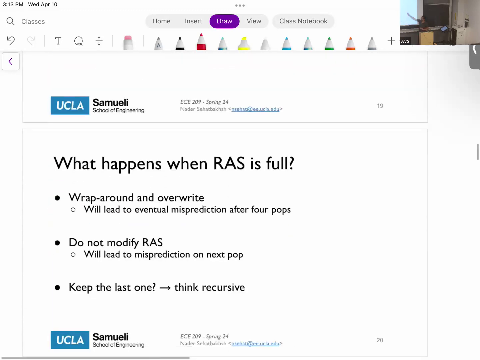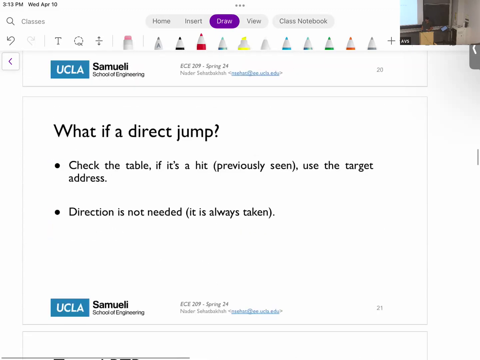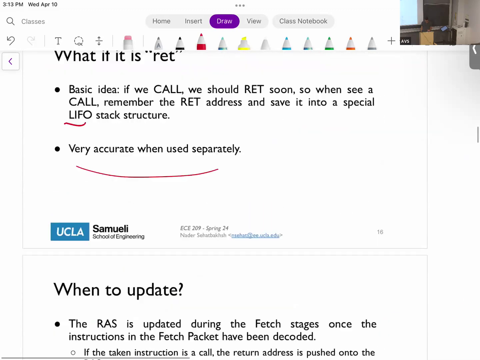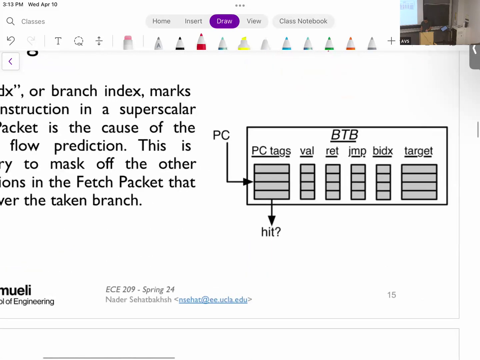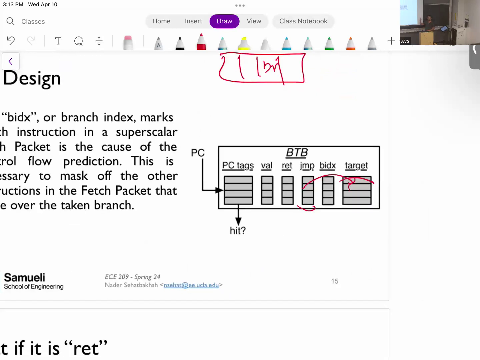So this is the story of RAS. RAS is commonly used in almost all the processors. As I said, if it's a direct jump, then we're gonna use the target address. We're gonna use this jump column inside our BTB, and based on that, we're gonna go to the target and use that target, right? And again, the idea is that we have seen this branch before.